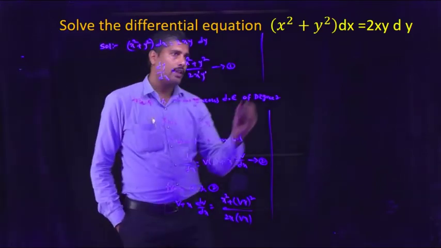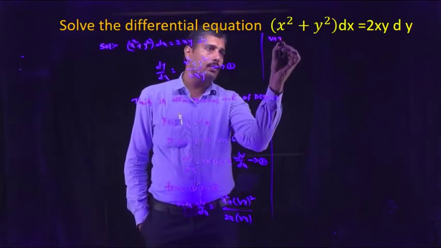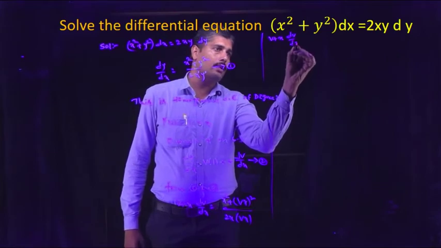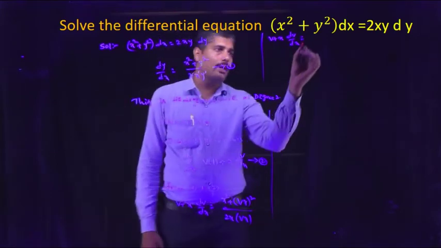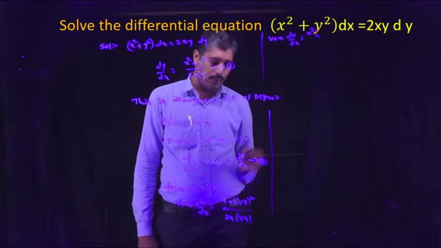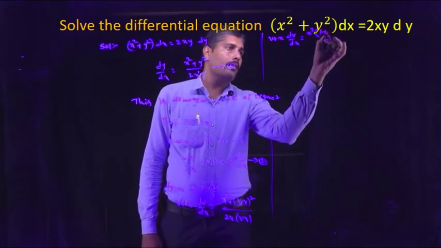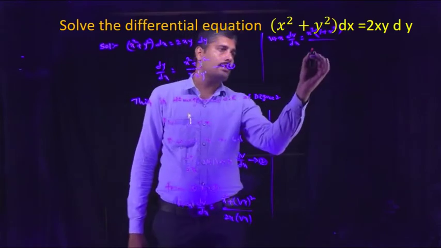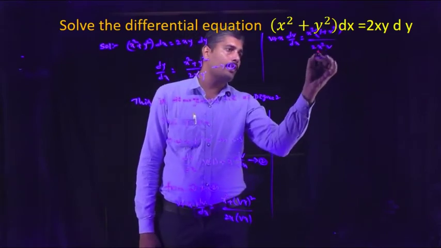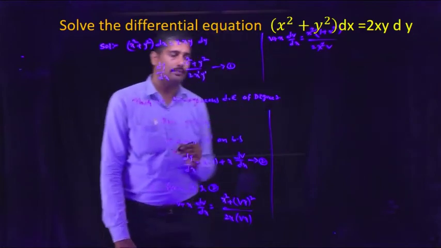Then v plus x into dv by dx equal to, take x square common in numerator, that is x square into 1 plus v square by, in the denominator also x square is there, 2x square v, x square cancels.